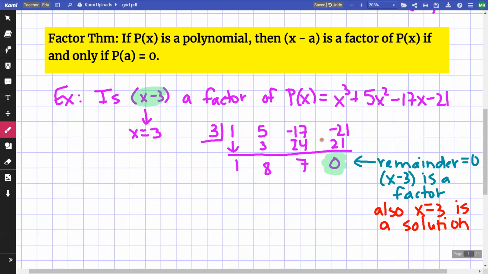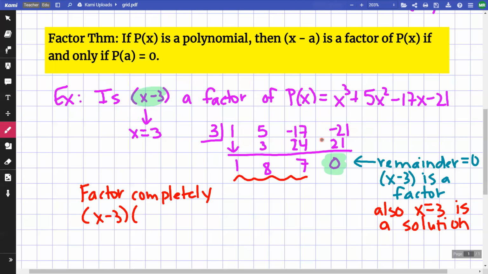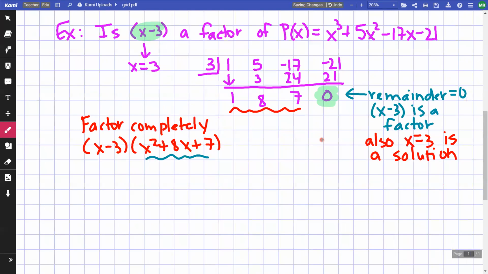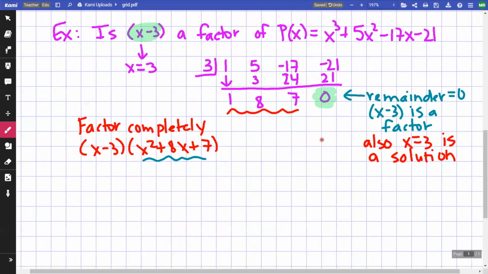Now, if they ask me to factor completely, at this point, I know that I have x minus 3 times this depressed polynomial, x squared plus 8x plus 7. And I could now look at this polynomial, which happens to be a quadratic, and factor that.